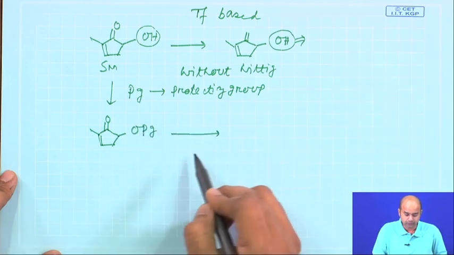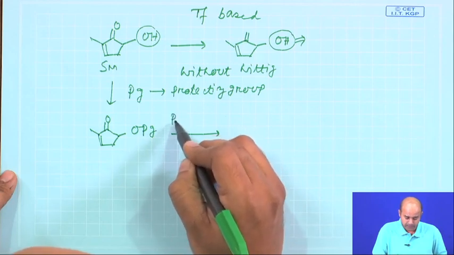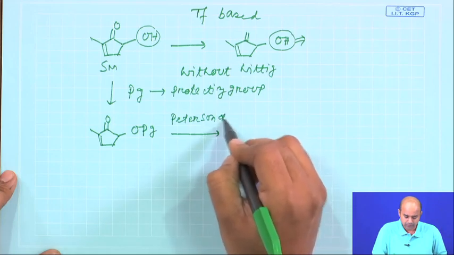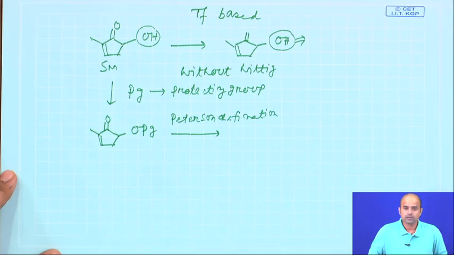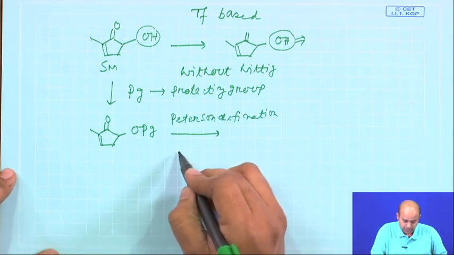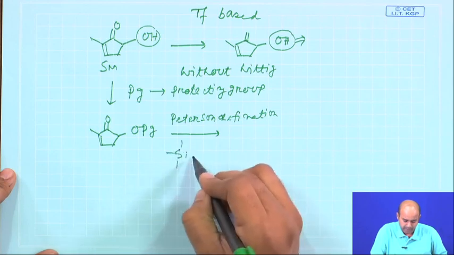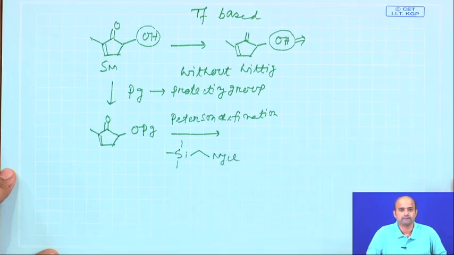Now, I said you cannot use a Wittig reaction. The reaction which we will be using here is named Peterson Olefination. Peterson Olefination is a similar kind of reaction to the Wittig type reaction. The reagent used here is trimethylsilyl CH2 MgCl.